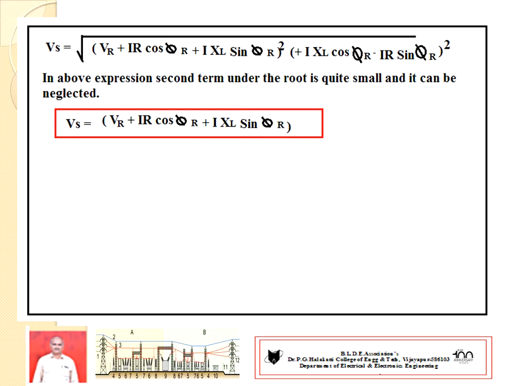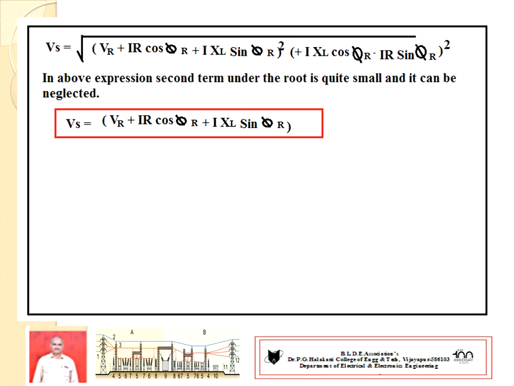Finally I can write Vs equal to the square root of this, Vr plus IR into cos phi r, and so on. But compared to the first term, the second term in the above expression is very small, hence it can be neglected.